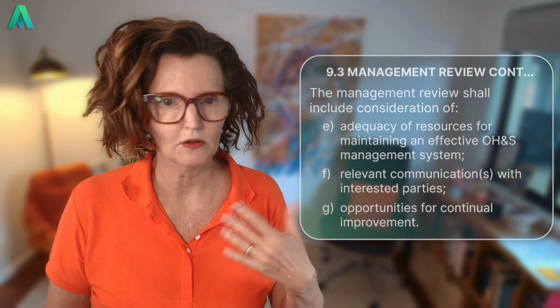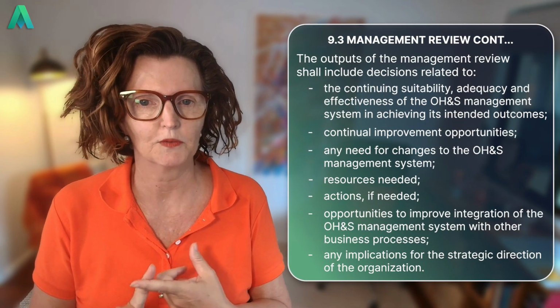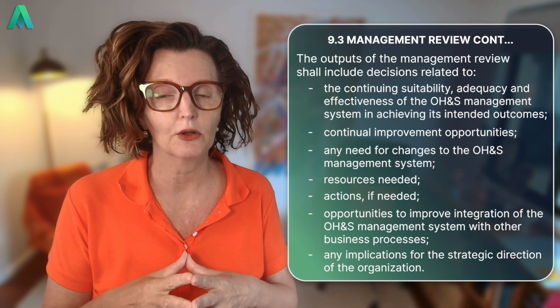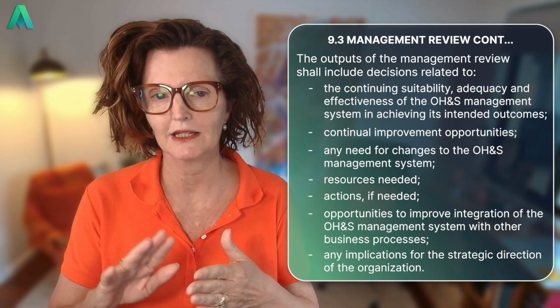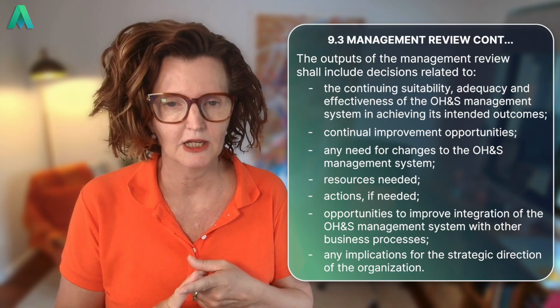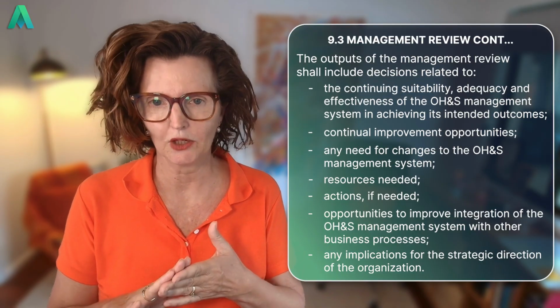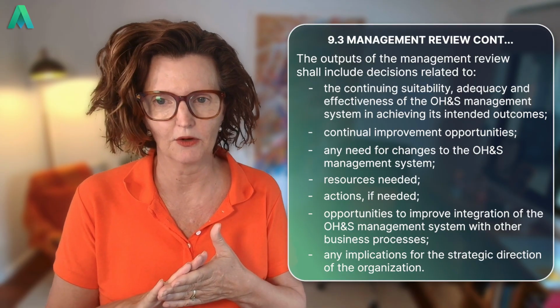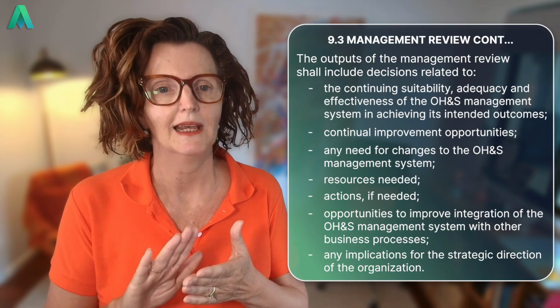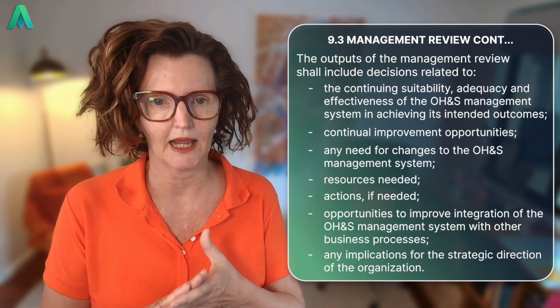Clause 9.3 moves to the outputs. All right, so I'll go through that as well and break it down. So the outputs of the management review shall include decisions related to the continuing suitability, adequacy and effectiveness of the OH&S management system in achieving its intended outcomes.